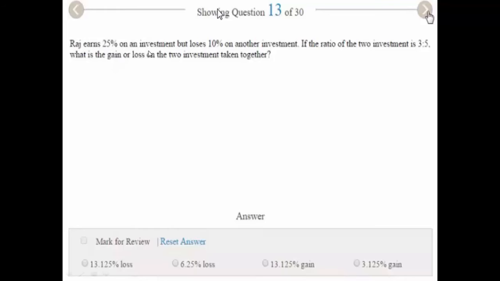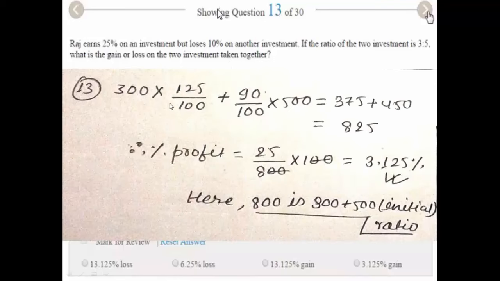Raj earned 25% on an investment but lost 10% on another investment. If the ratio of the two investments is 3:5, what is the gain or loss on the two investments taken together? Okay, this is the solution. First of all, if we take 3:5 as 300 and 500, then 300 into 25% gain means 125 by 100, plus a 10% loss, 90 by 100 into 500.